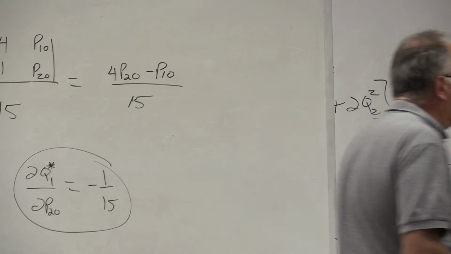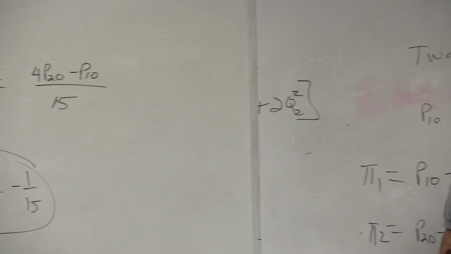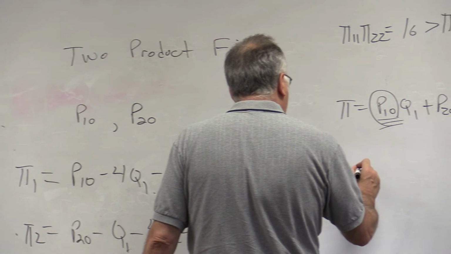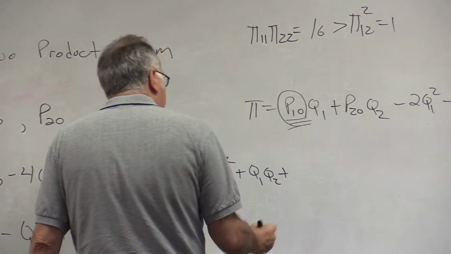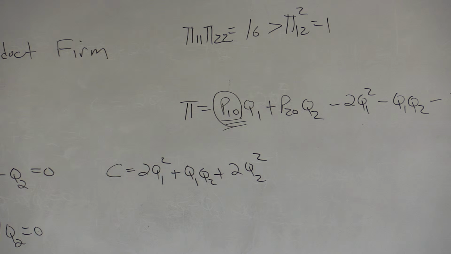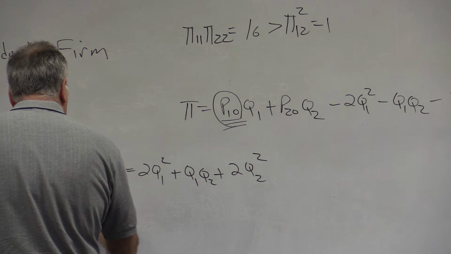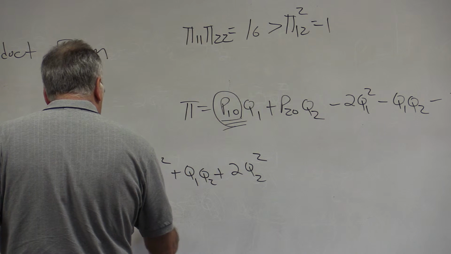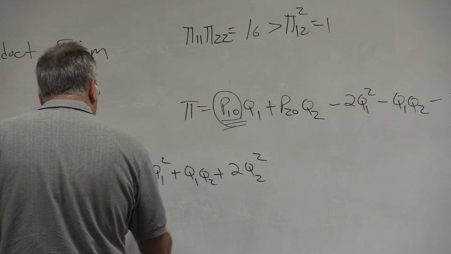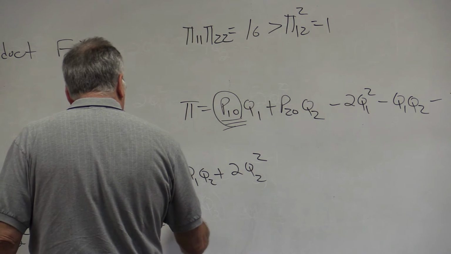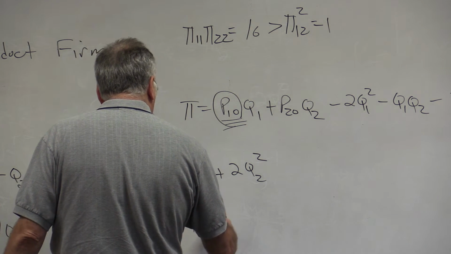And notice what our cost function was. Let's look at our cost function. It's 2Q1 squared plus Q1 Q2 plus 2Q2 squared. So if you look at the marginal cost of producing product 1, C1, which is just partial C, partial Q1, this marginal cost is just 4Q1 plus Q2.